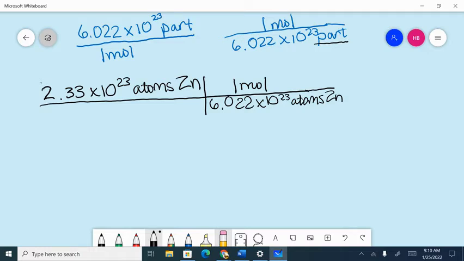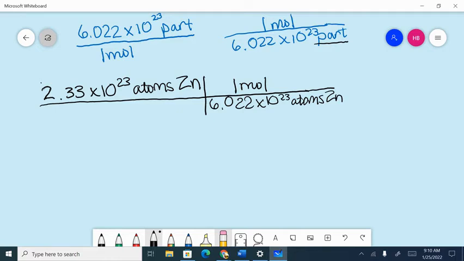This is where you have to be careful, because in your calculator, I'm going to have you practice using the exponent function. Your calculator probably says EE to refer to exponent. You're not going to use the number 10, and you're not going to use the times key when you're typing in that shorthand version for the number.